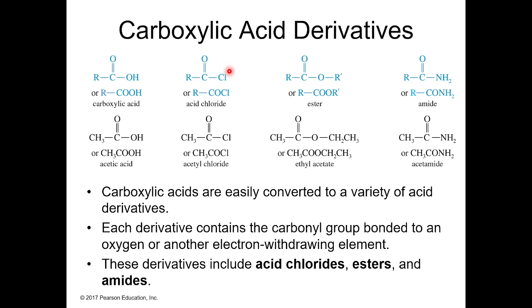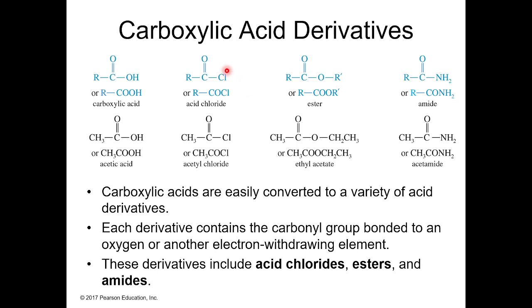The easiest way to think about these is there's actually quite a large variety of derivatives, and new ones get added every now and then. Basically, it just has to be able to react to and from fairly easily and have sort of similar properties. Okay? But the ones that we'll typically look at and use the most are going to be things like the acid chlorides.